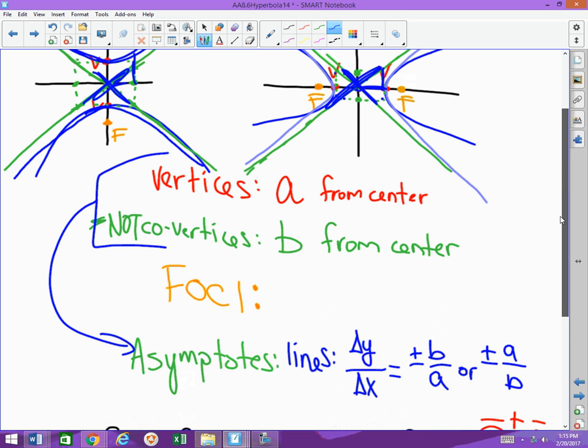And then the focus points. The foci are C from the center.